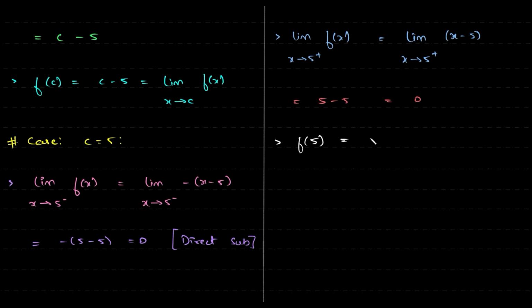So this would be 5 minus 5, which would be 0. So all in all, what can we infer? Thus the function is continuous throughout. Again, there are many ways of expressing your answer. So yeah.